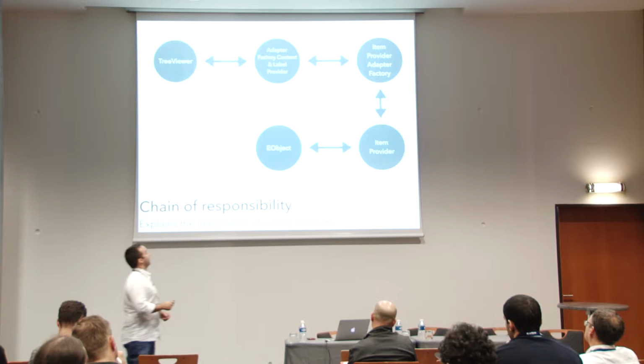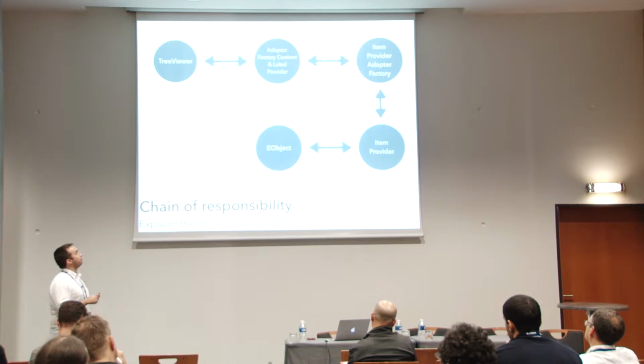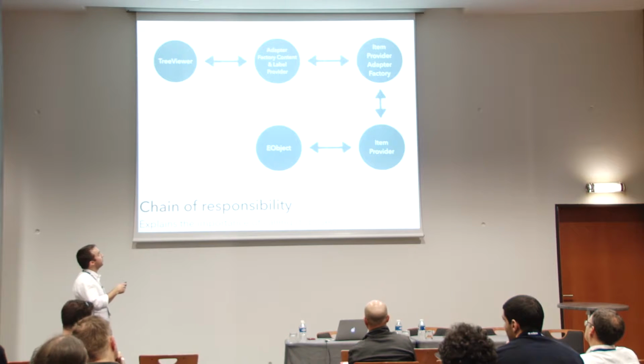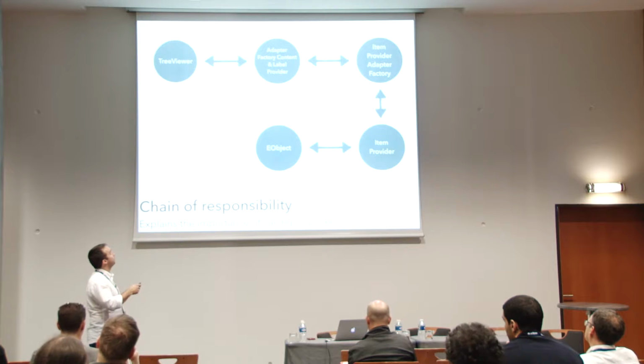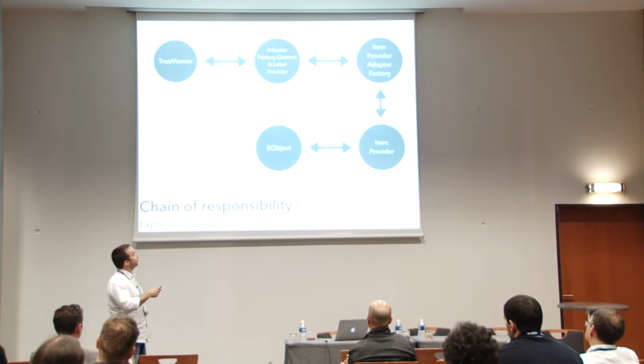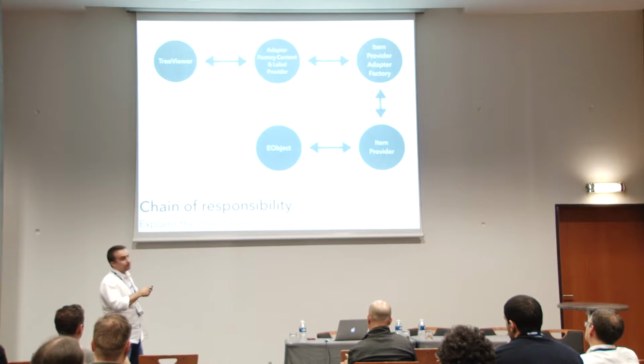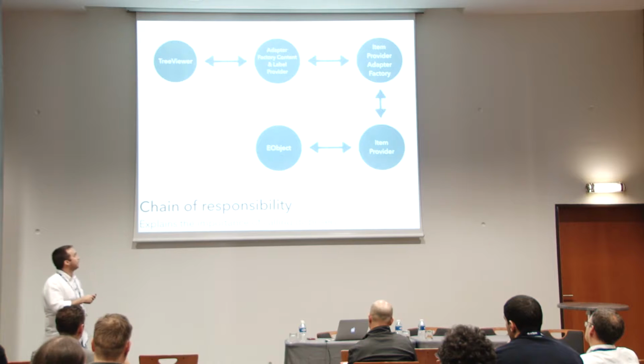The power comes from the fact that every link is actually bidirectional. So the tree viewer knows about the content and label provider, but those providers also know about the tree viewer. The adapter factory knows about the label provider, and the item provider knows about the adapter factory that created it, and the object knows those item providers.